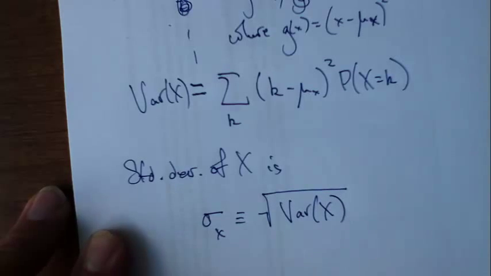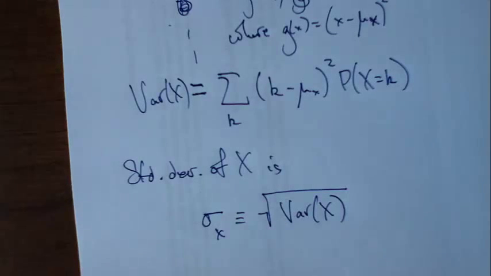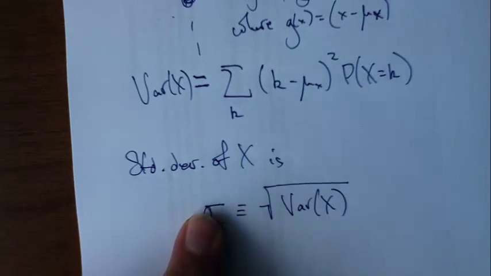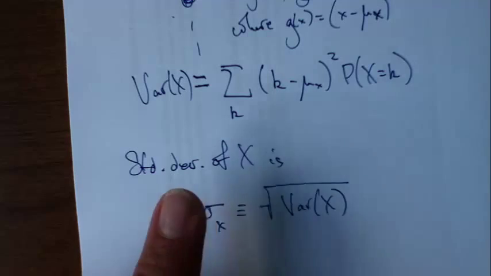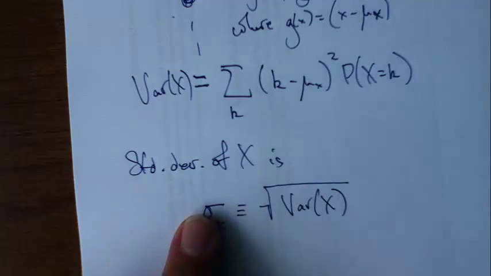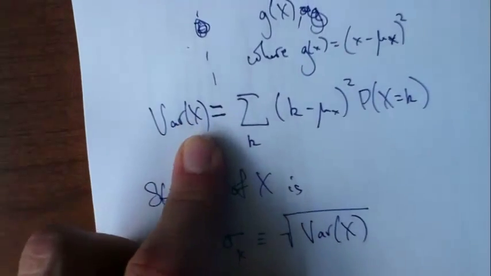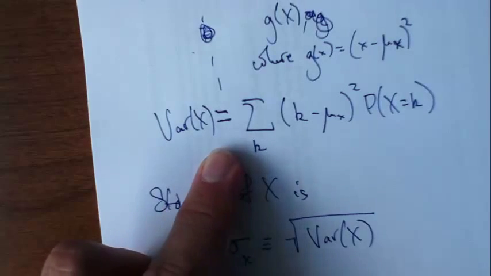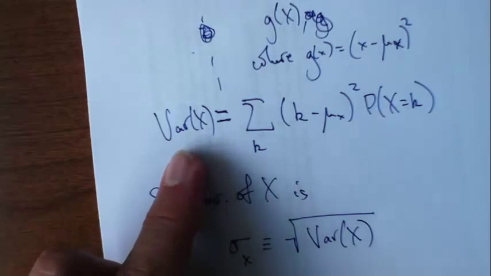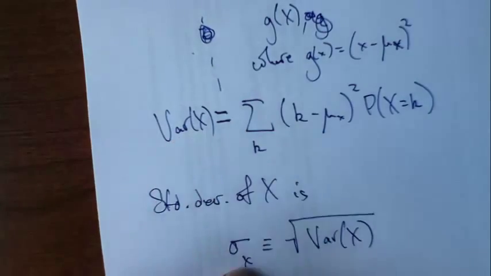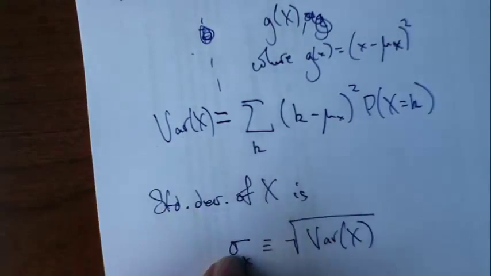It has an advantage over the variance in that it retains the original units of the variable that you're working with. And it's useful for measuring distances between values from the distribution or values from the mean and so forth. So you'll find a lot of statisticians like to talk about standard deviations, and a lot of probability people don't, or maybe they talk about the variance instead. Note that both quantities are positive. If you have one, you can get the other. Okay, not a big deal.